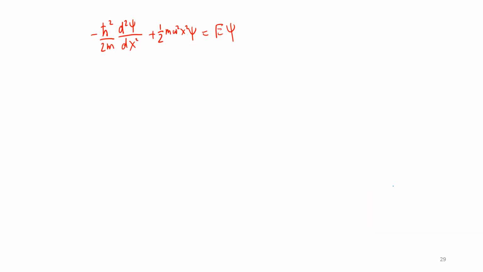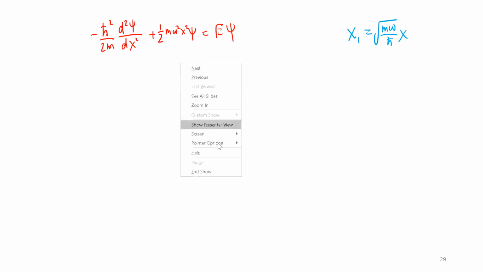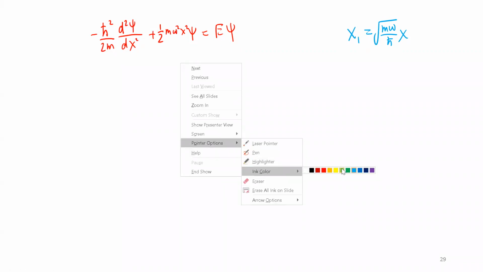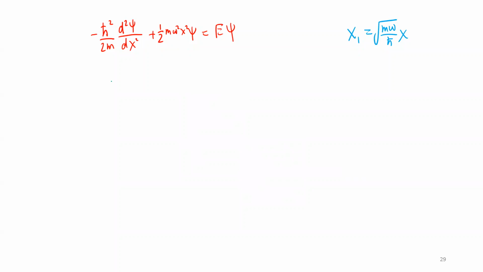If you let another new variable x1, which is equal to a scalar times x, and you actually do that, you simplify the prefactor a little bit. After that, you let the solution take this form.